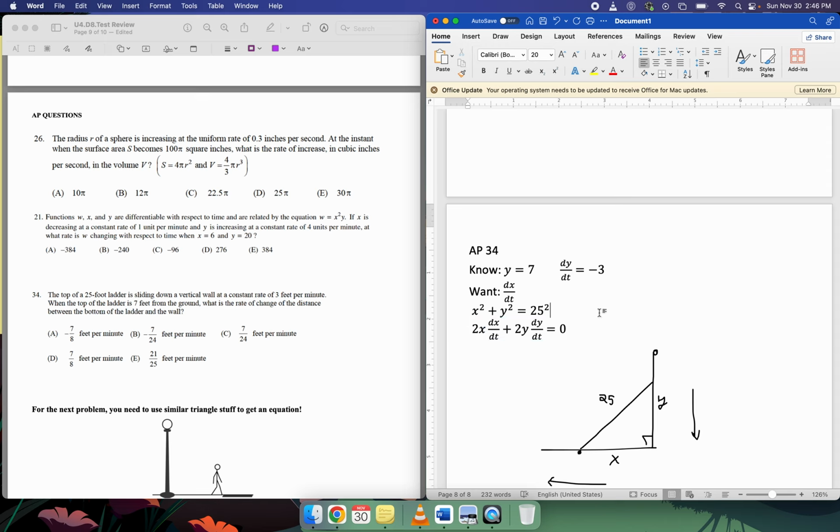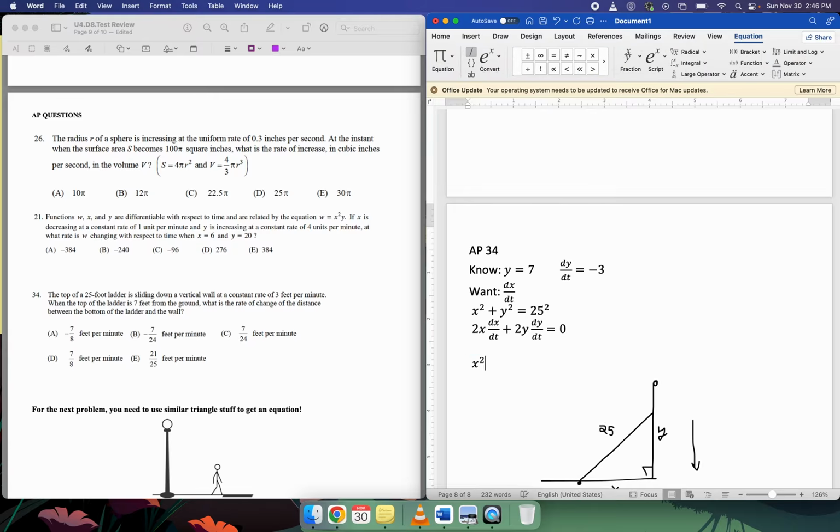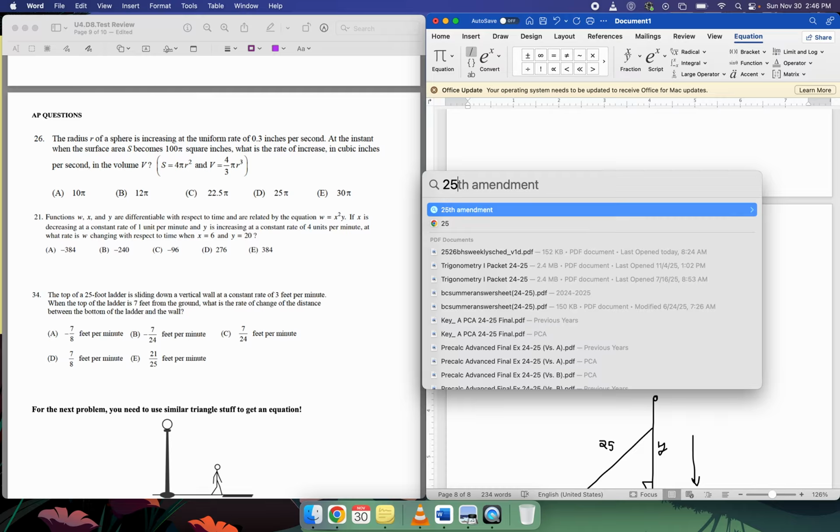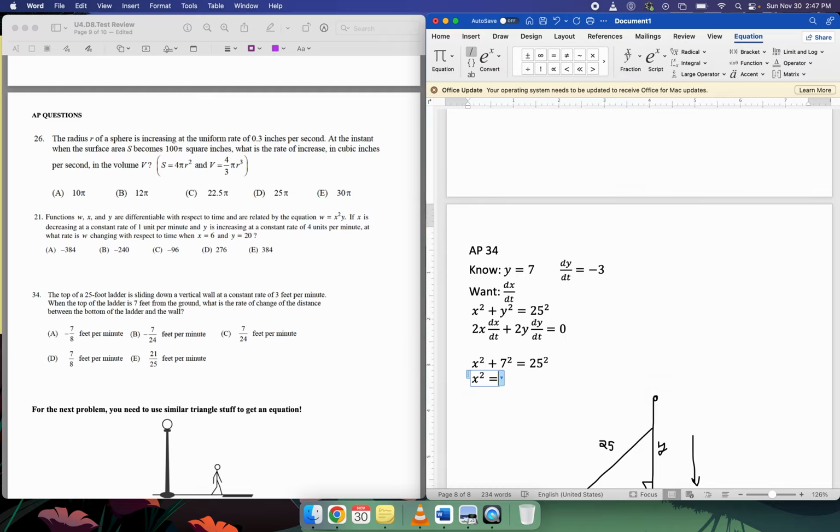But I can do that by going back to this equation, right? So I can say x squared plus y squared, which is 7 squared, is equal to 25 squared. Oh, this is a non-calculator problem in the AP. That's rather rude of them. You're supposed to do 25 squared. I don't feel like doing that, okay?